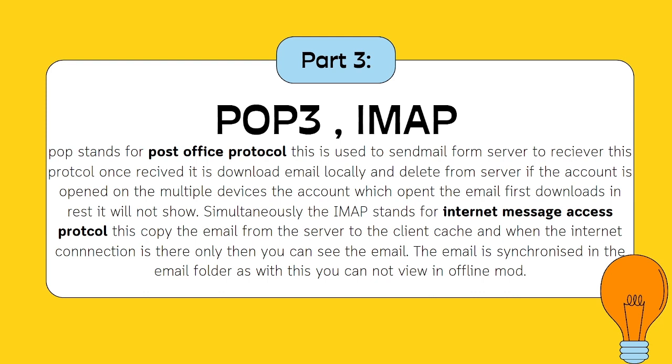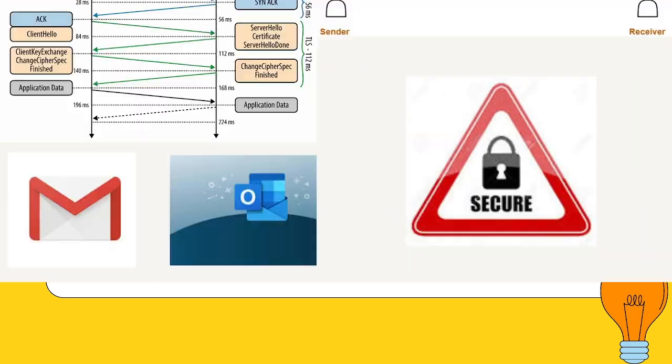There is no such rule that the device which opens the email first will have that email. And one of its advanced features is that it also synchronizes the data in sequence order as it is. So let's view the architecture of both.